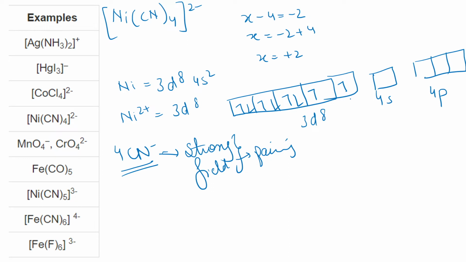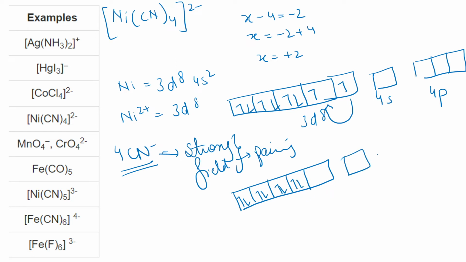So what we'll do, we'll pair this electron over here and there will be one vacant orbital generated in the d. So 1, 2, 3, 4, 5, 6, 7, 8. One vacant orbital is generated over here. And we have empty 4s and empty 4p. In 3d, we have this configuration.